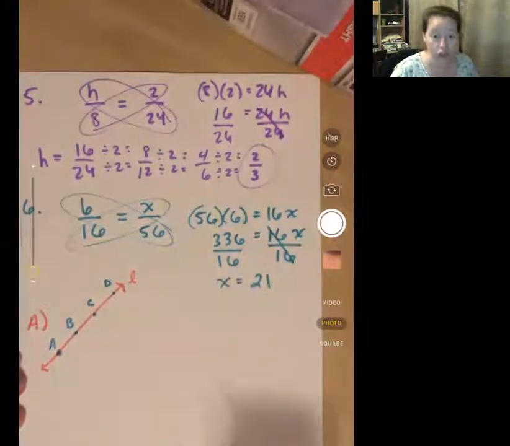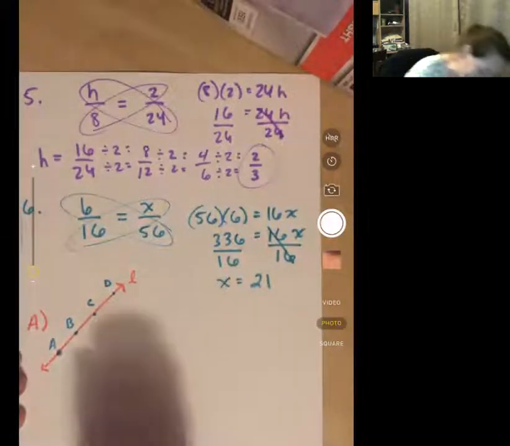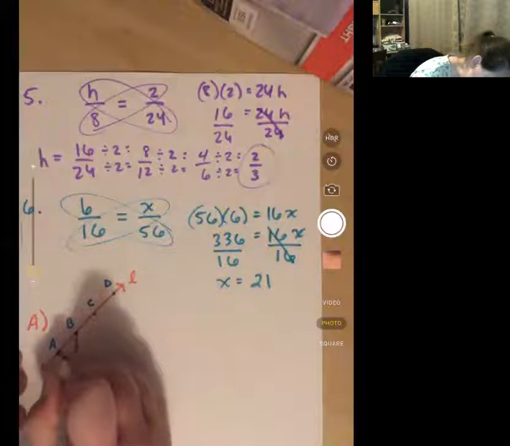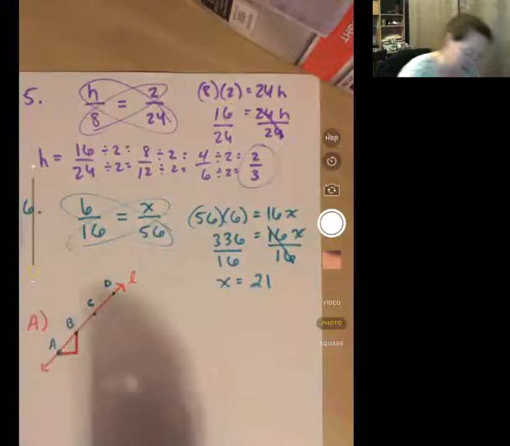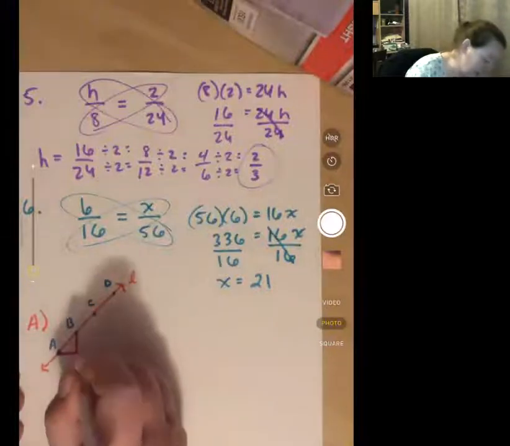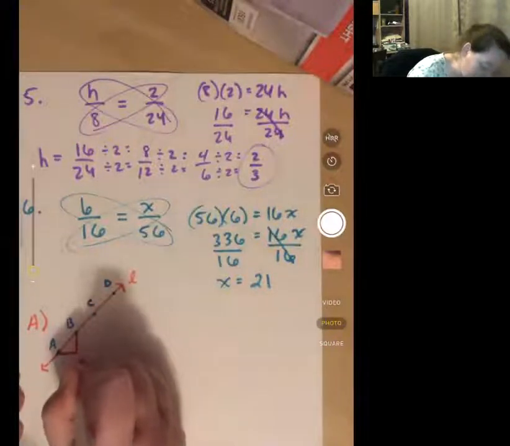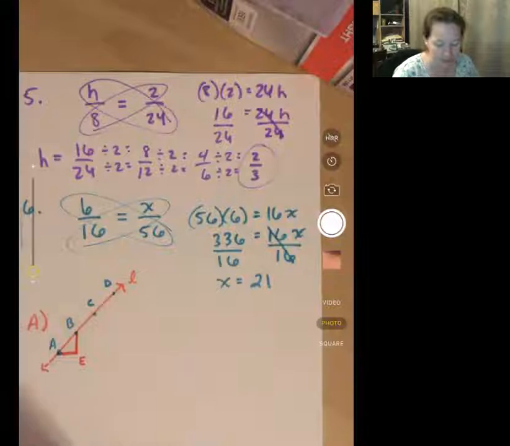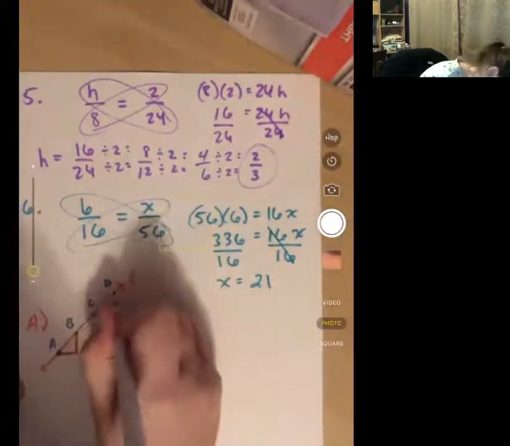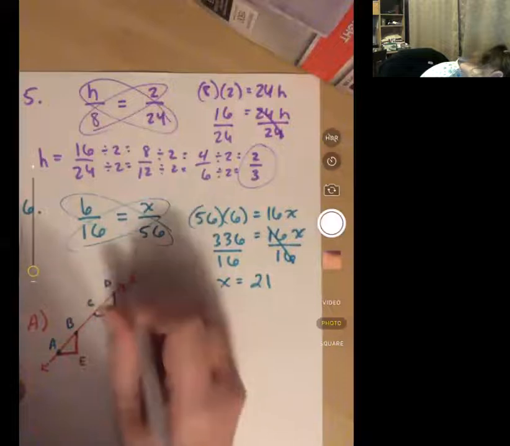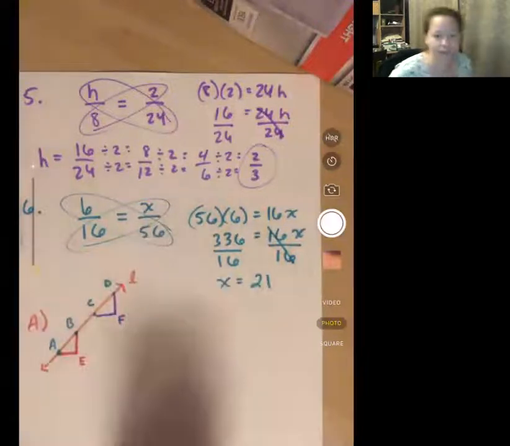So I need to draw a right triangle coming down from each of them. And the AB has a point E in it, and the CD has a point F in it.